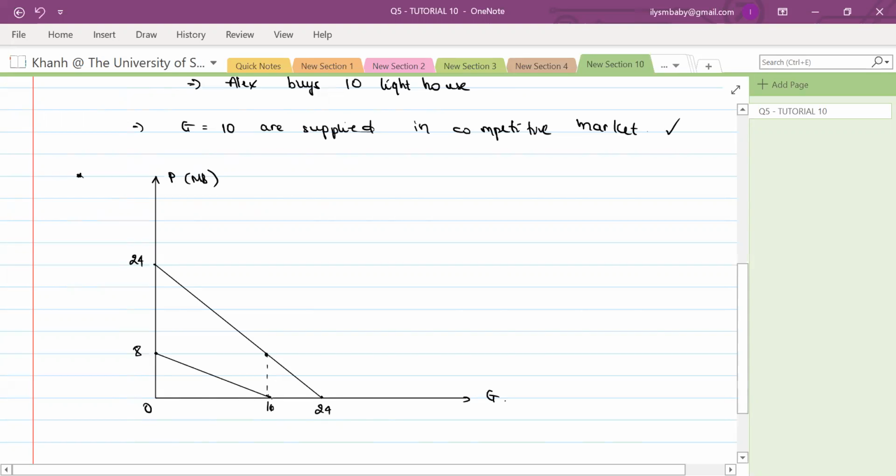For any quantity from 16 to 24, Beatrix is not going to benefit from consuming any of these units, so the only one who benefits is Alex. Therefore the total marginal benefit is just equal to the marginal benefit of Alex.